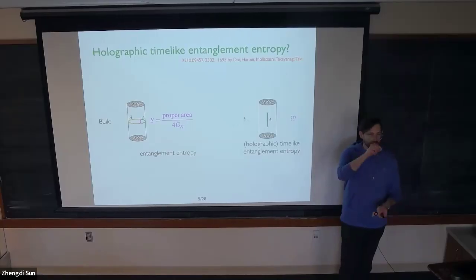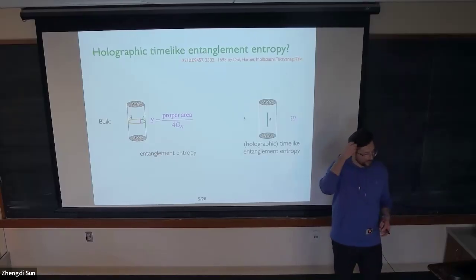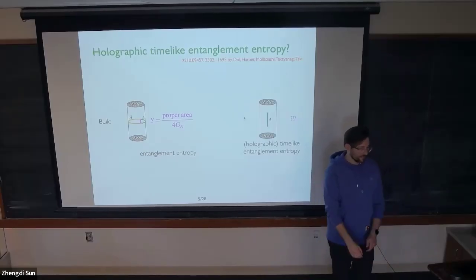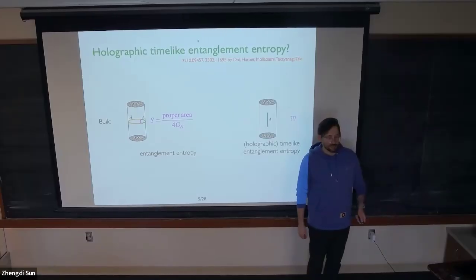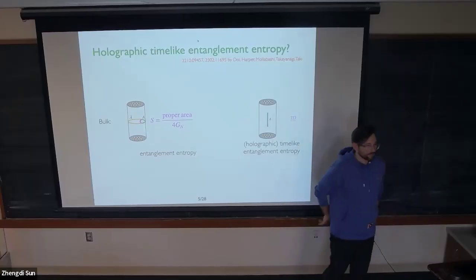For example, it can be an interval, or multiple intervals in the context of quantum field theory in 1+1 dimensions, or something more complicated in the context of higher-dimensional quantum field theories. And the question is, what kind of geometric diff-invariant quantity do we have to consider in order to calculate holographic timelike entanglement entropy?